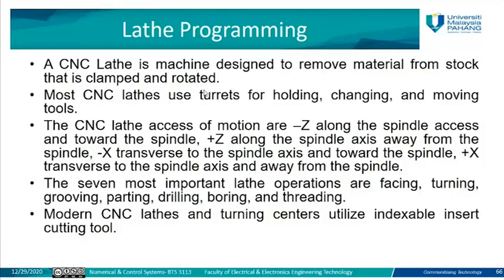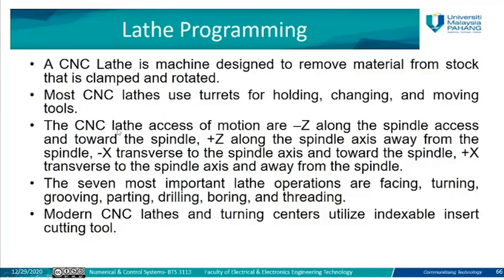Rotating is needed because, since it is a cylindrical shape, the machine needs to cut the shape from all sides, as we will see later on. Most CNC machines are used for holding, changing, and moving the tools. This is how it works.